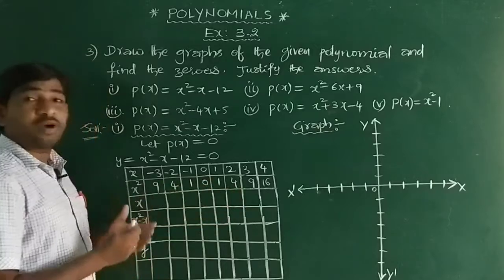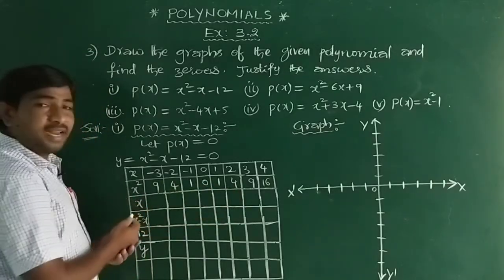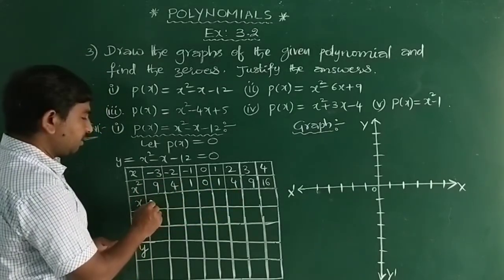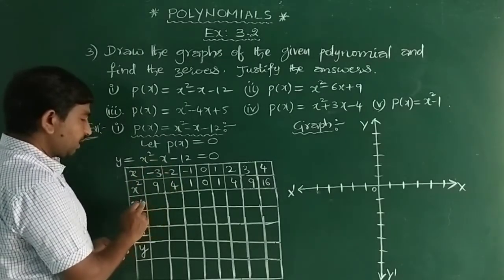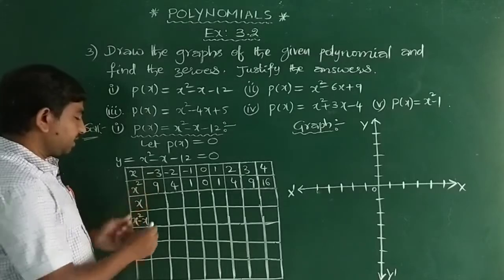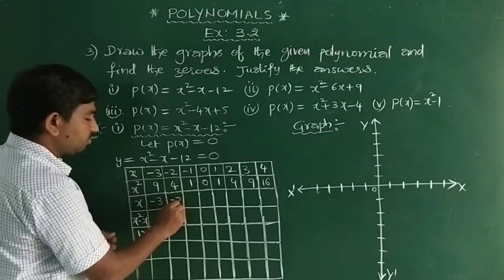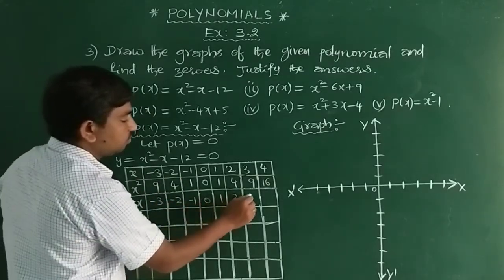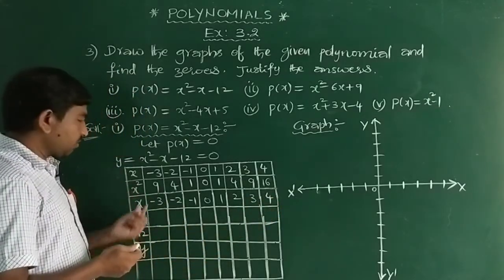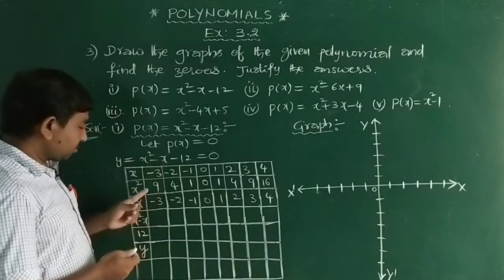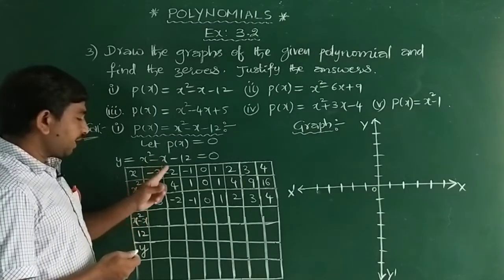So these are the x square values, and now the x values you should write again the same as this. Why? Because the second term of the given polynomial is minus x. So what is the x value? Minus 3, minus 2, minus 1, 0, 1, 2, 3, 4. As it is you should write. Now the combination of these two, x square minus x, is the relation. So subtract: x square minus x.